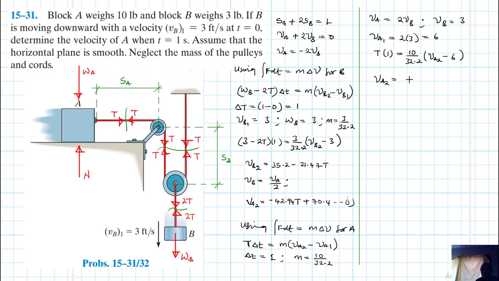So this just becomes 6 plus 3.22t, right?